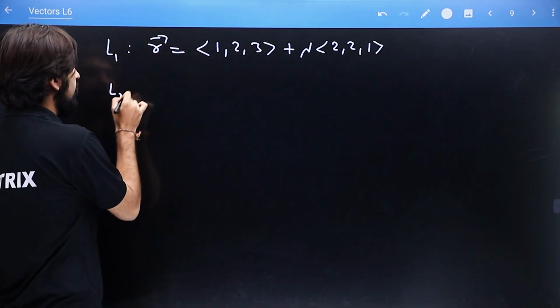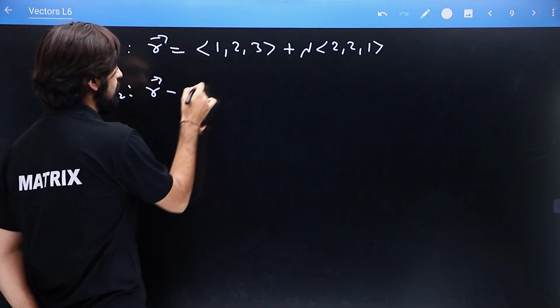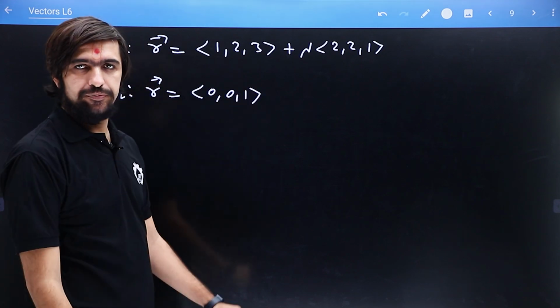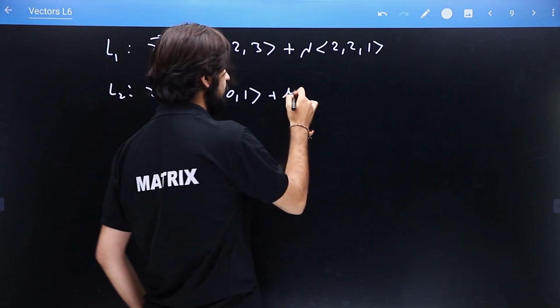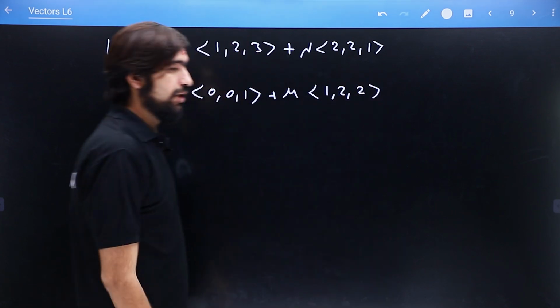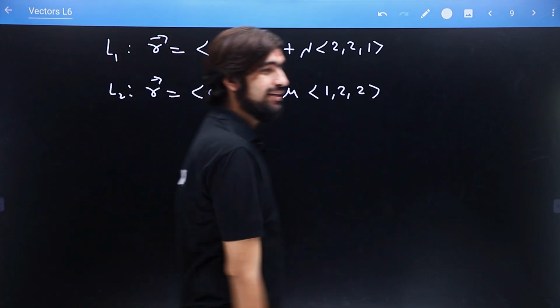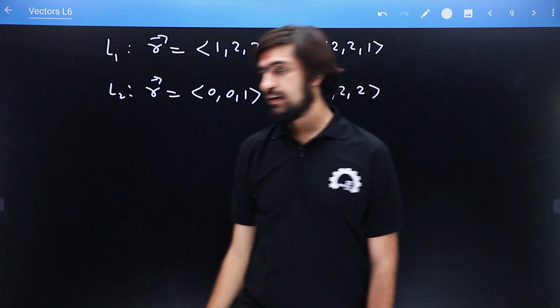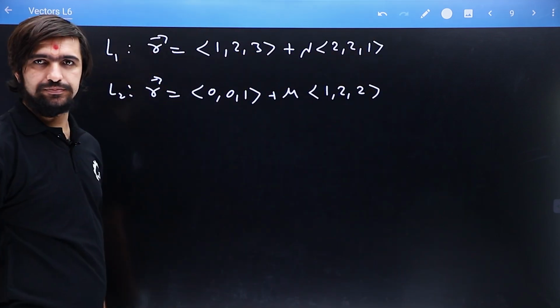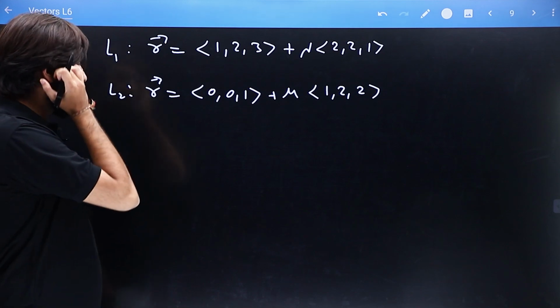And next L2: vector R is (0, 0, 1), I am taking random lines, plus mu times (1, 2, 2). These lines may be intersecting or not. How are we going to find that? We will directly find the shortest distance, or you can do all the calculation like that. So what can we do?